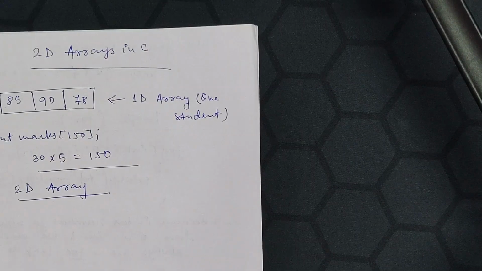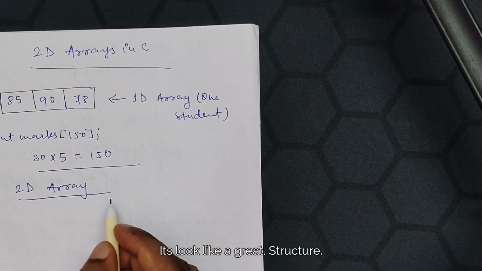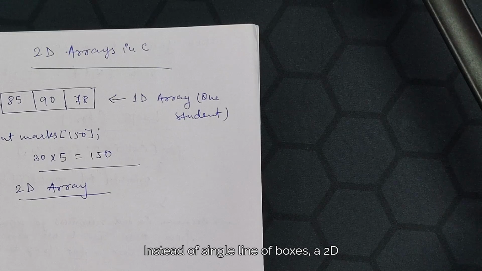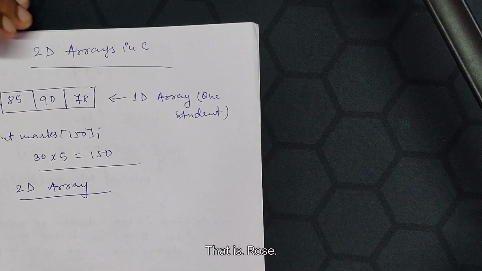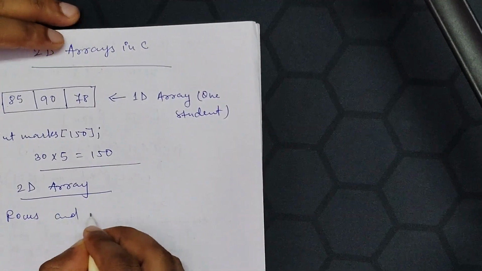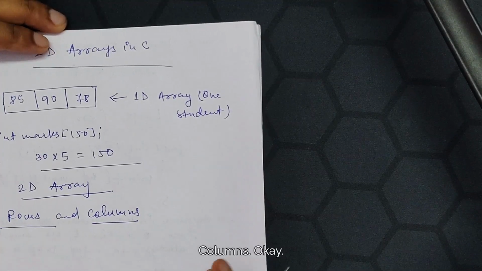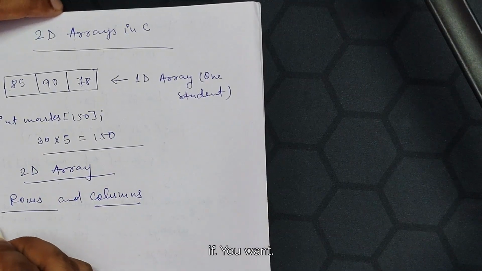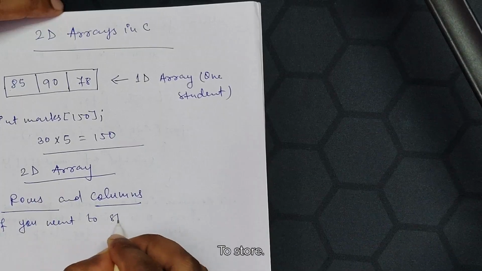To solve that problem, C introduced 2D arrays. It looks like a grid structure. Instead of a single line of boxes, a 2D array gives you rows and columns.